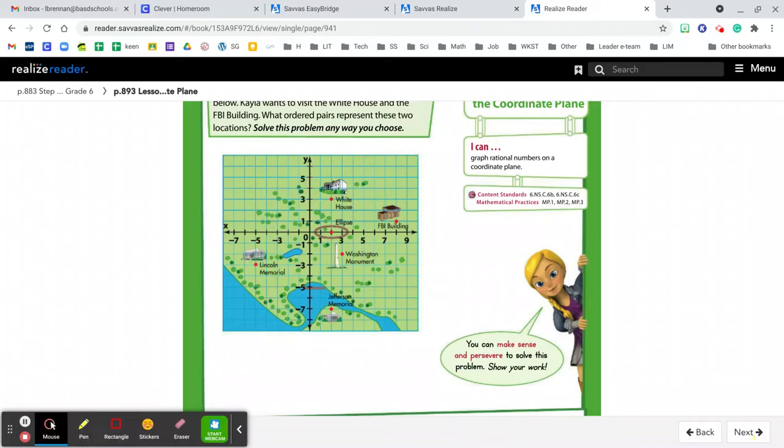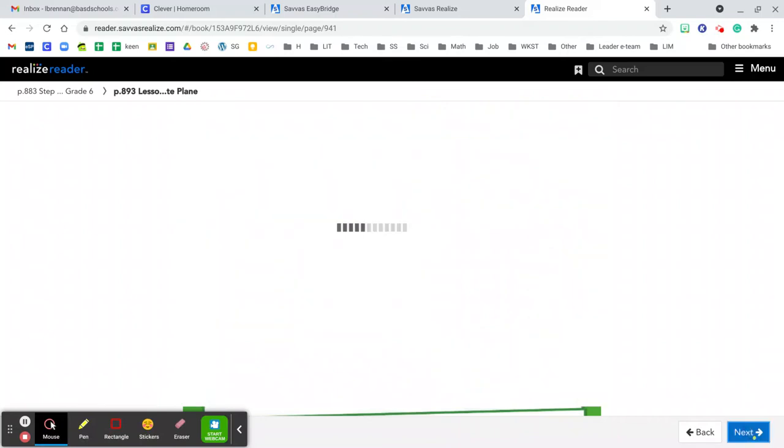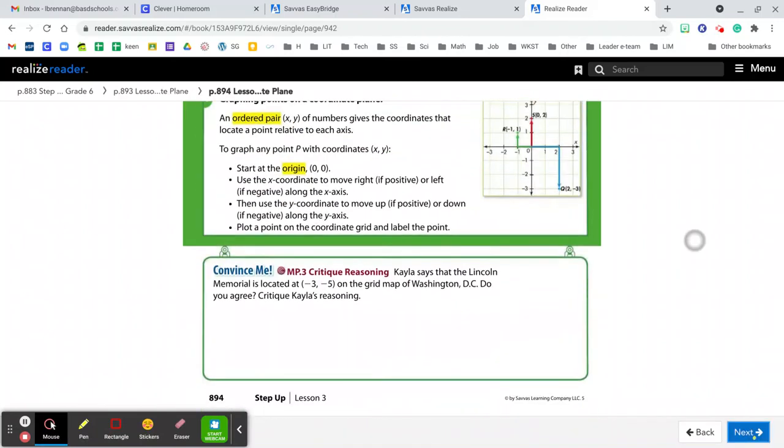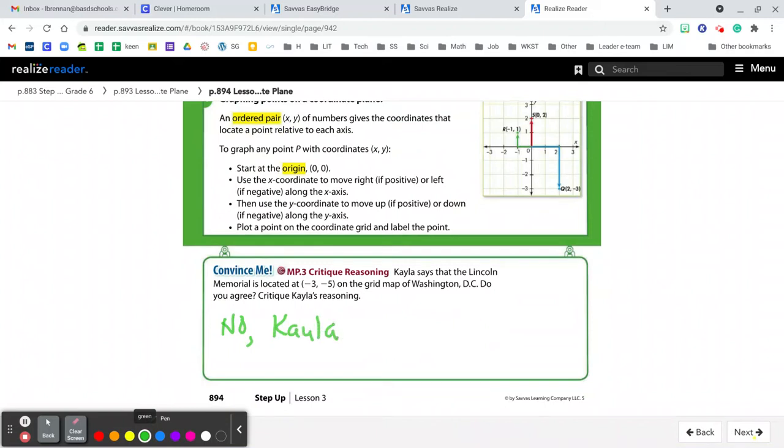So we're going to say no. It looks like Kayla didn't plot her coordinates right. The correct ordered pair would be -5, -3.